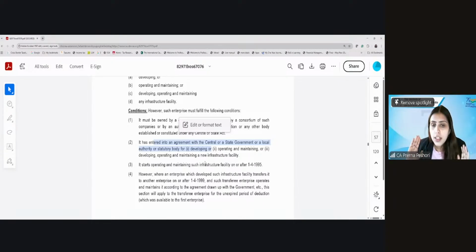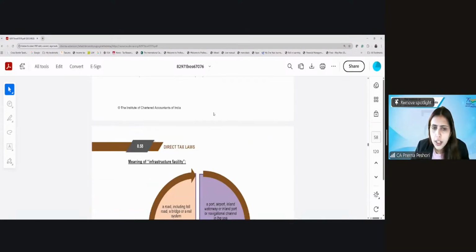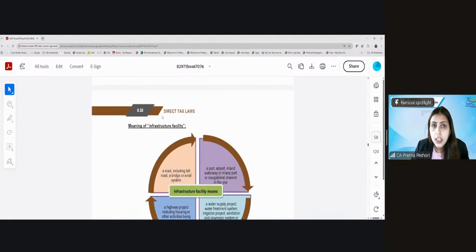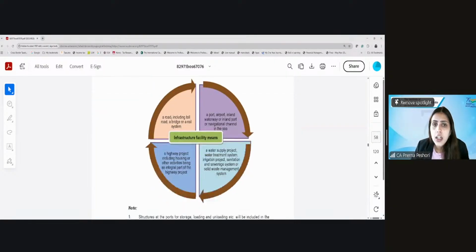In that case, it can claim the deduction under 80-IA. Or where the enterprise which develops the infrastructure facility transfers it to another enterprise, and the other enterprise operates and maintains it in accordance with the agreement with the government. So even if the business is transferred to some other entity and that entity enters into the agreement with government, that's fine.